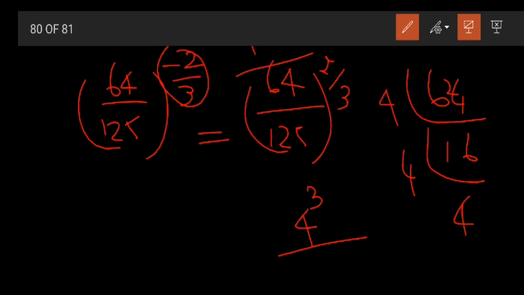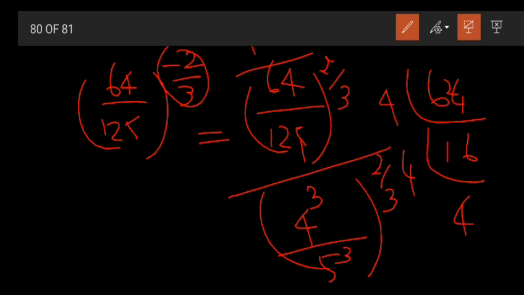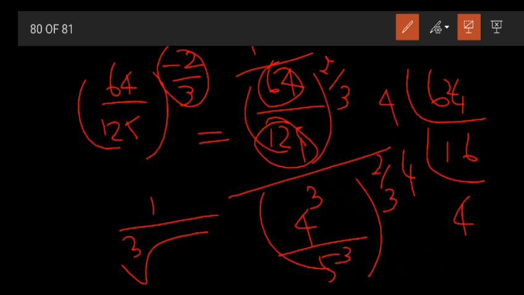Okay, now take 125. 5 cube is 125. So 4 cube by 5 cube to the power 2 by 3. 64 is 4 cube, 125 is 5 cube. So this can be written as 1 by cube root of 4 by 5 cube to the power 2.